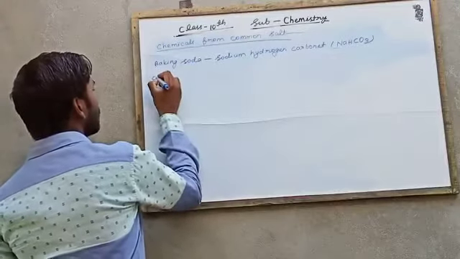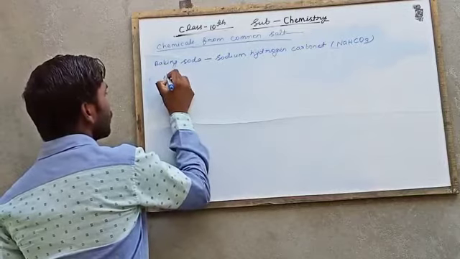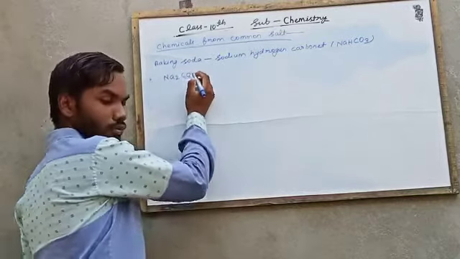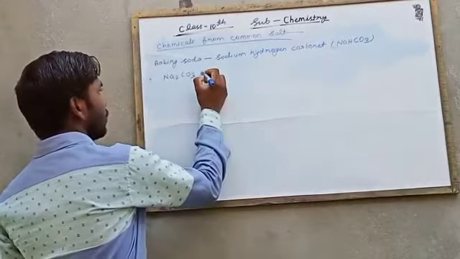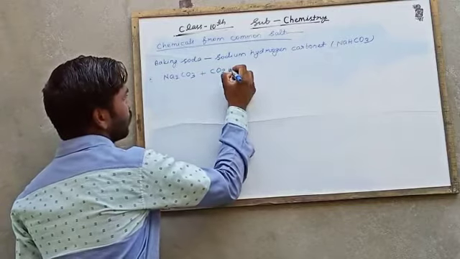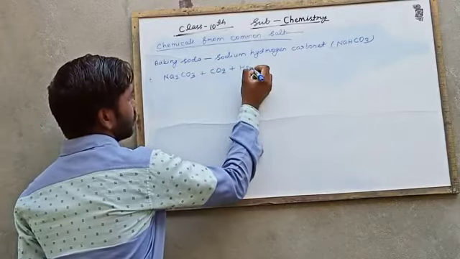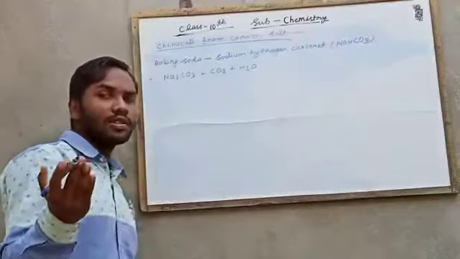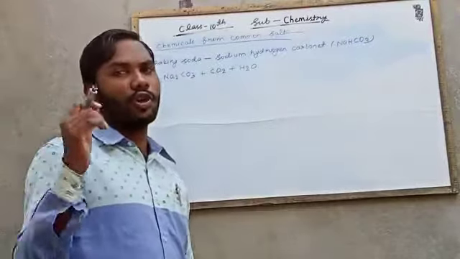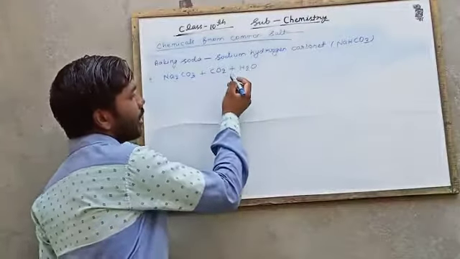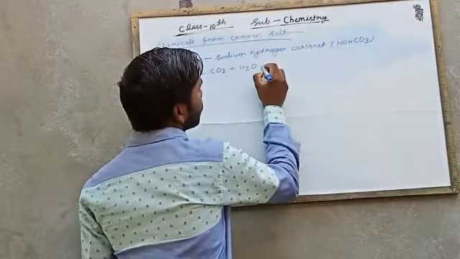Chemical equation: Na2CO3 plus CO2 plus H2O, because all the salt contains some water. So Na2CO3 is washing soda, then carbon dioxide gas, and this is water.